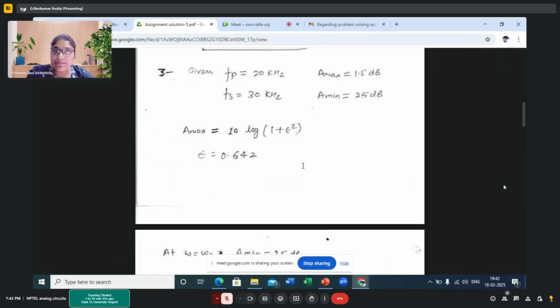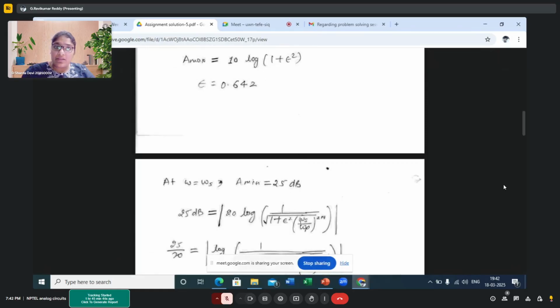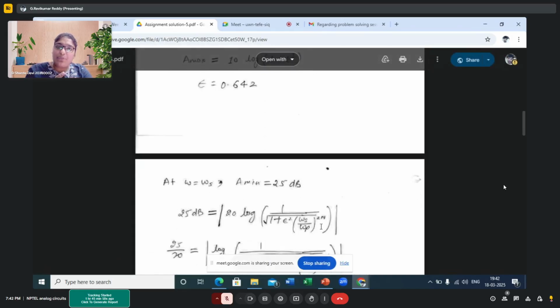Will you explain about this transfer function and formulas, madam, once? I have to take them out from my knowledge because I am confused with this. For Amin they took 20 log, for Amax they took 10. No, no, there also it should have been 20.